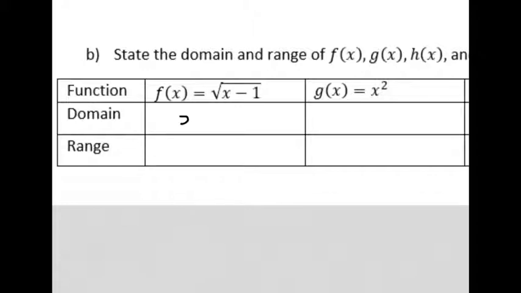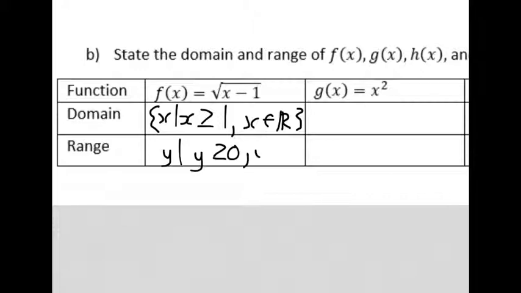Right? So x such that it has to be greater than or equal to positive 1 and it's a real number. And the range? Square root something, you'll always get either 0 or something bigger, right? So that has to be greater than or equal to 0 and a real number.